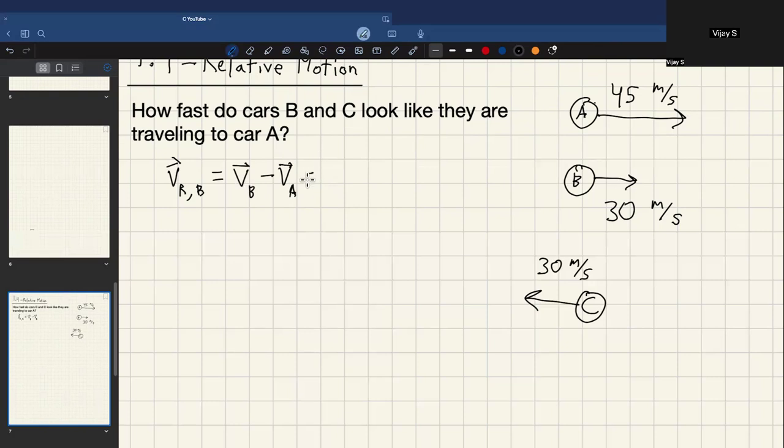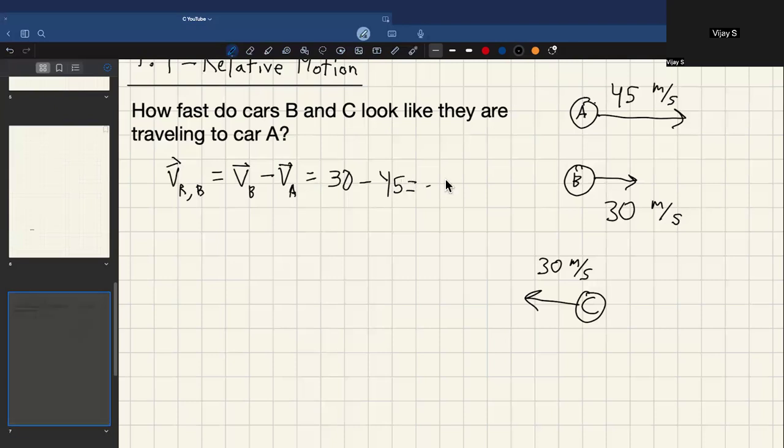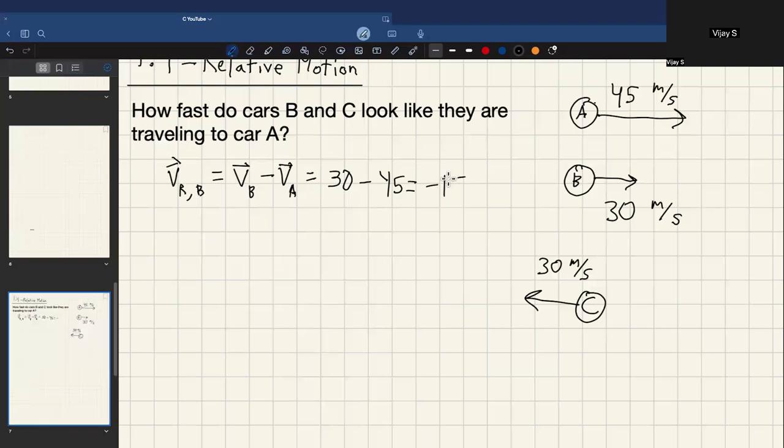Anyway, from our point of view, car B is moving 30 to the right, so that's positive 30. Car A is moving at 45 to the right, so that's going to be a positive 45. Well, 30 minus 45 gives us negative 15 meters per second. And that makes sense.